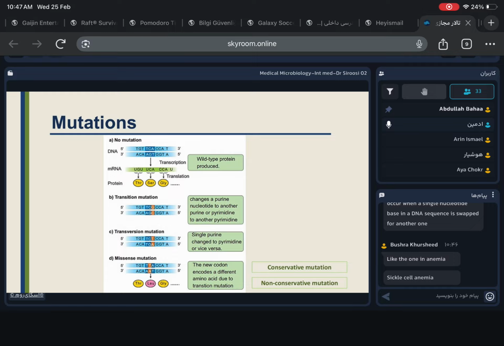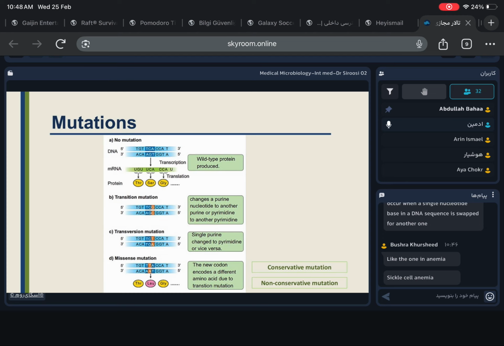For example, both amino acids are acidic amino acids. Okay, so it means that maybe there is no drastic change in the function of the protein because the new amino acid has similar properties with the original one.